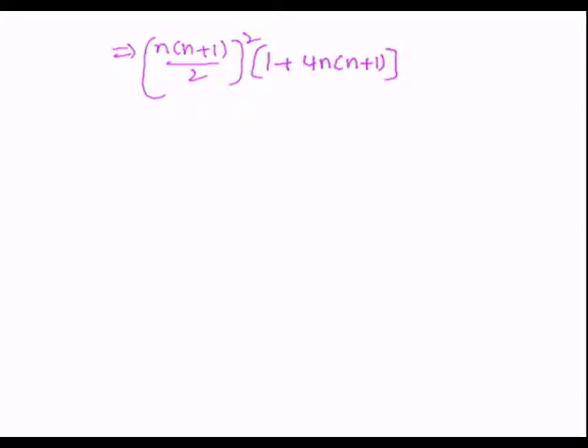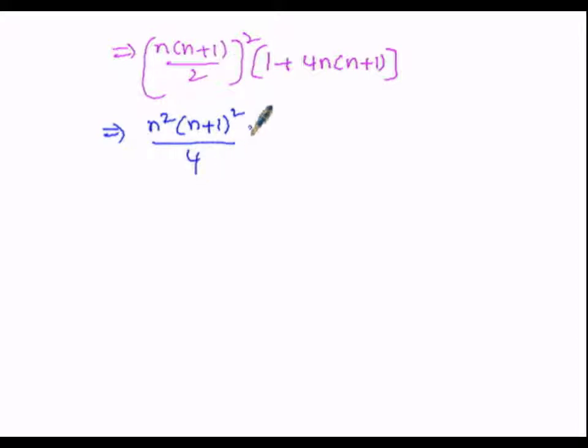Then the next logical step, that implies, the square is applicable for each and every term. So it will be written as n square into n plus 1 whole square, because it is applicable for even the bracket, that is n plus 1 whole square overall divided by 2 square, the value of which is 4.